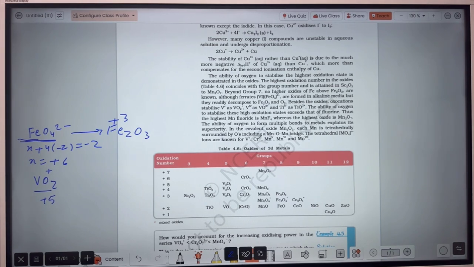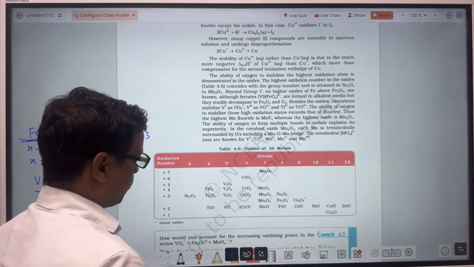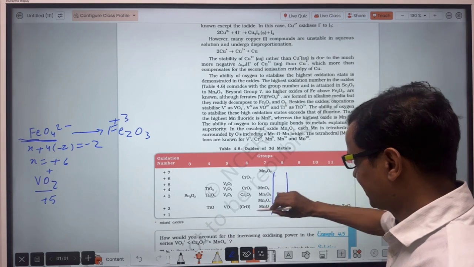Oxocation means the oxides of the transition metals with a positive charge, like VO2 plus and Ti4 plus. Like this, oxocations also form.